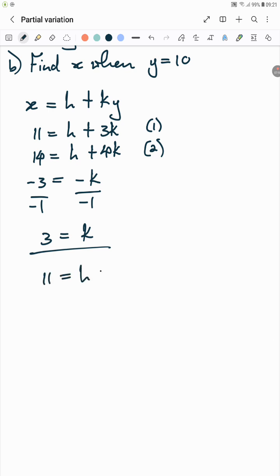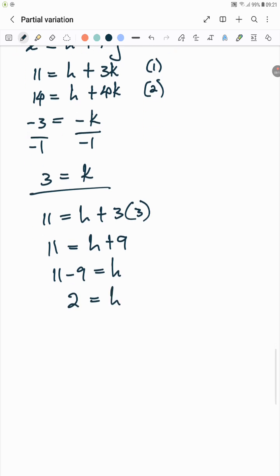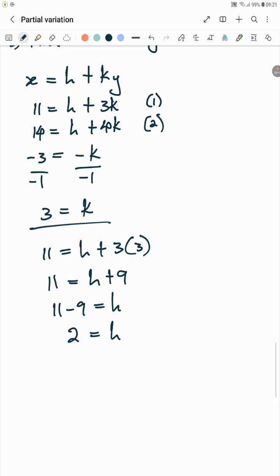first equation to find the value of h. 11 is equal to h plus 3 times 3. 11 is equal to h plus 9, and 11 minus 9 is equal to h, and 2 is equal to h. So the relationship or the equation will look like this: x is equal to 2 plus 3y. This is the relationship between x and y.